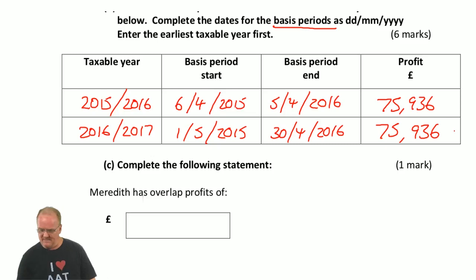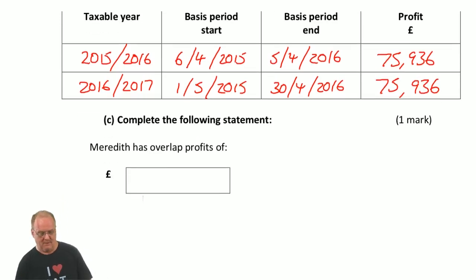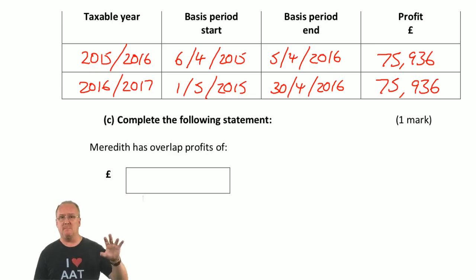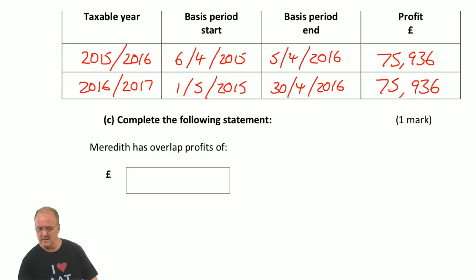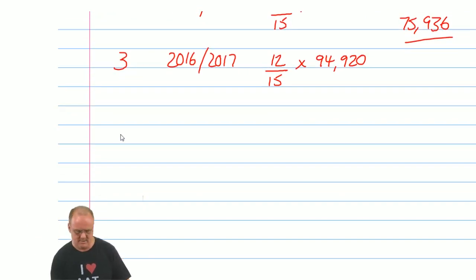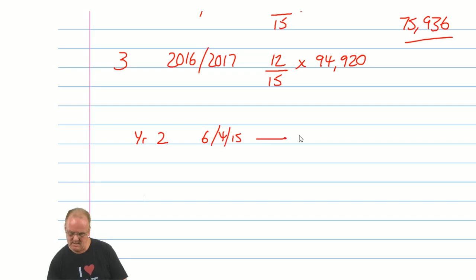And then the final part of the exercise is on overlap profits. As I said before, the problem you've got here is because the rules and the way they are, you end up potentially being taxed on the same months twice. And if we come down here and look at what she's been taxed on, year 2 was the 6th of April 15 to the 5th of April 16.